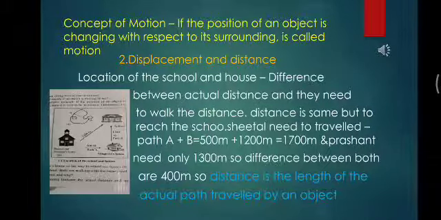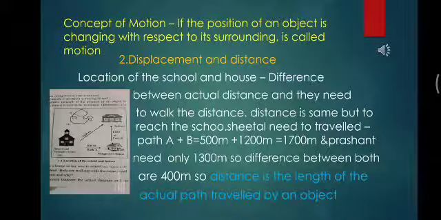Now, in the second figure, the distance between the school and Sheetal's and Prashant's houses is the same. But on the way to school, Sheetal first went to Sangita's house and then went to school. That's why she needs to travel path A plus path B, meaning 500 meters plus 1200 meters, a total of 1700 meters, and Prashant went straight to school.